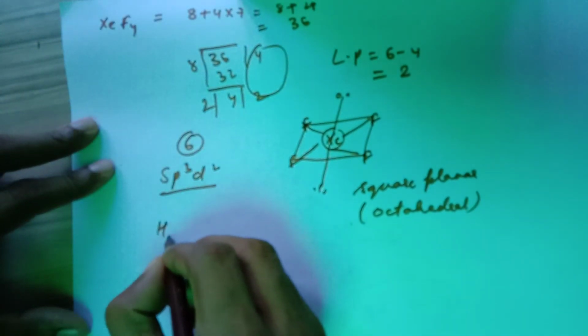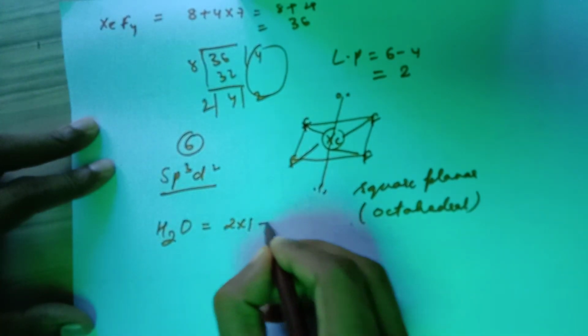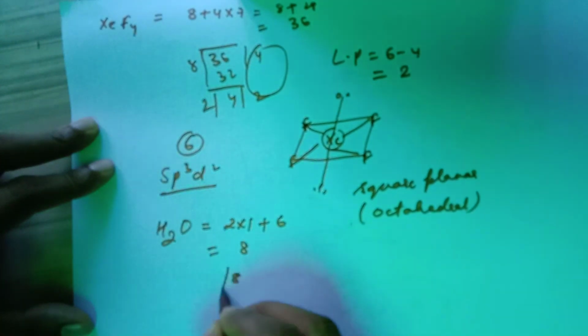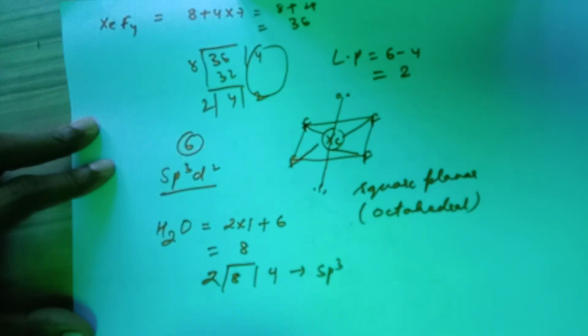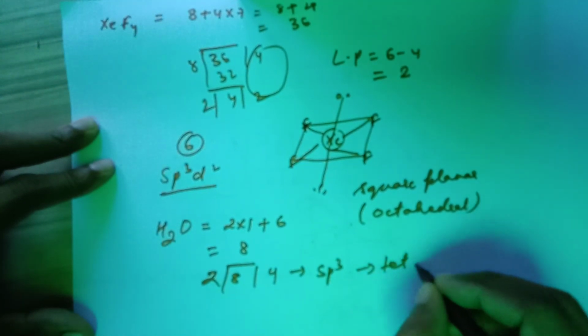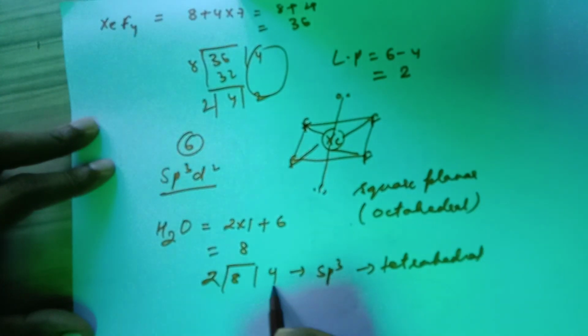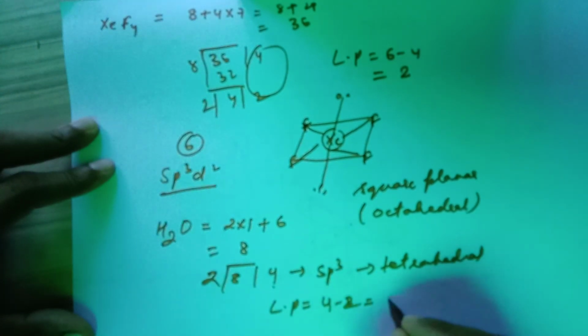Let's take another compound. Take H2O. It will be 2 into 1 plus 6, so we get 8 electrons. Divide 8 by 2, you will get 4. So according to this, hybridization will be sp3, that is tetrahedral. Now for the shape, there are 4 bonds but 2 atoms attached to the central atom, so the lone pairs will be 4 minus 2, which is 2 only.